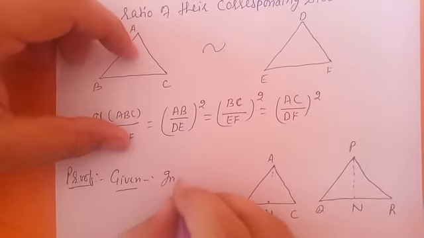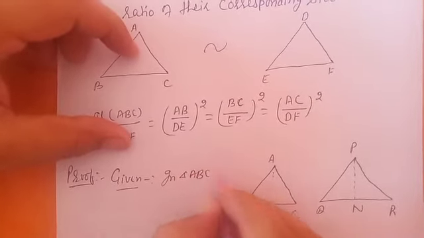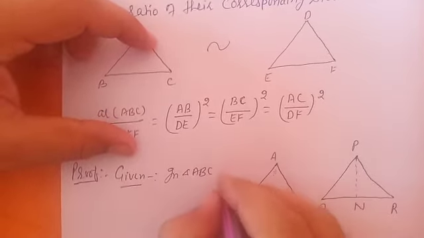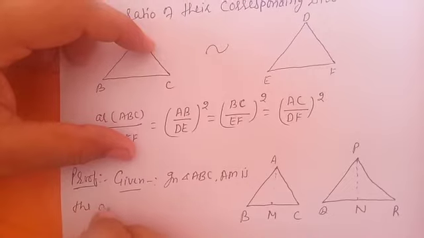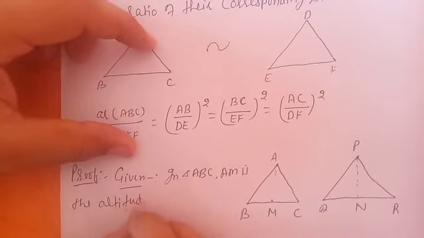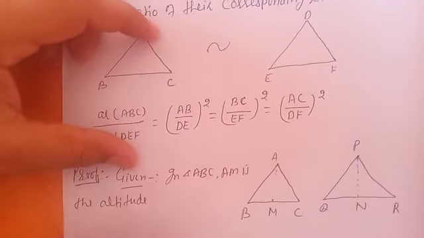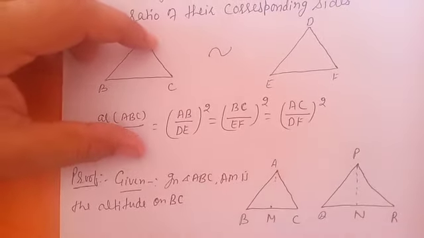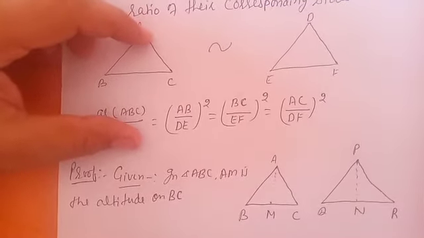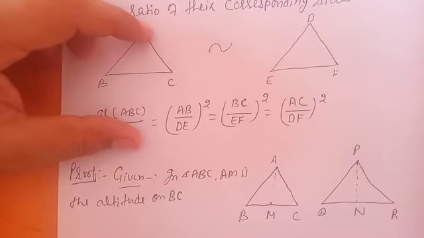In triangle ABC, AM is the altitude on BC. I want to tell one thing: the difference between median and altitude.